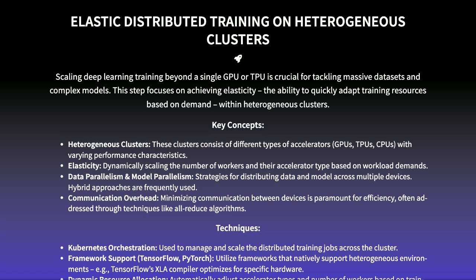We use techniques like data parallelism and model parallelism to split the workload, and it's really important to minimize communication between these devices because that can slow things down. Kubernetes helps us manage everything, and frameworks like TensorFlow with features like XLA are designed for this kind of hybrid environment. Finally, we're able to dynamically adjust how many workers and what type of accelerators we use based on the training progress, really optimizing resource utilization.